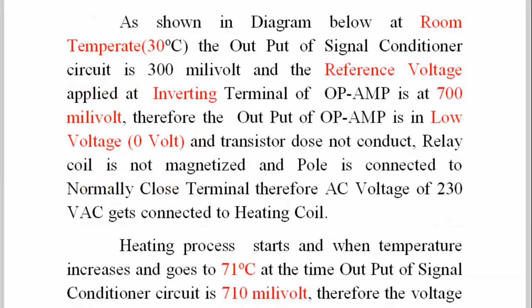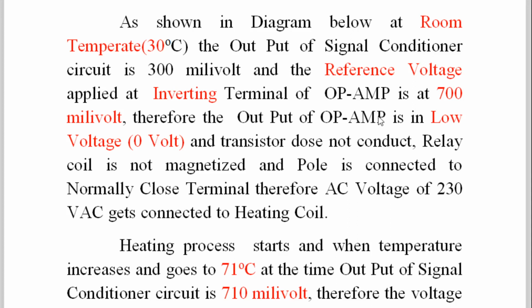So see the description here now, as shown in the diagram above. At room temperature 30 degrees centigrade, the output of the signal conditioner circuit is 300 millivolt, and the reference voltage applied to the inverting terminal of the op amp is 700 millivolt.